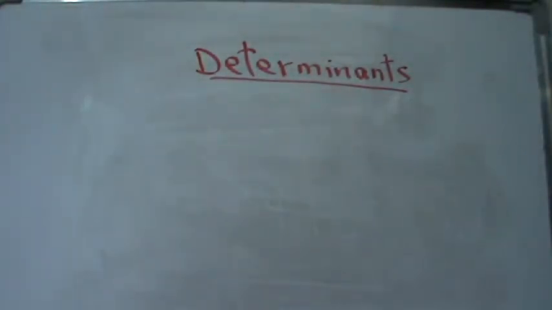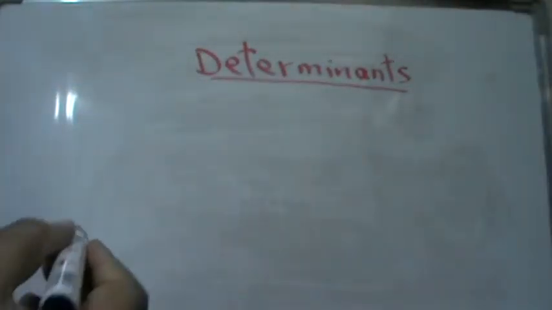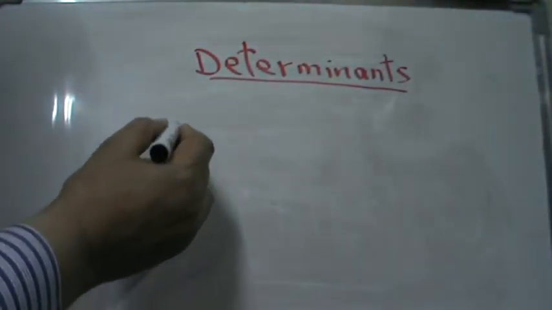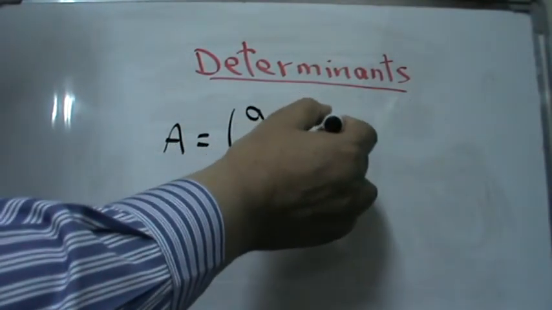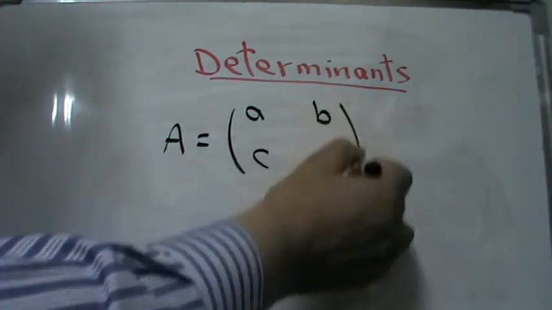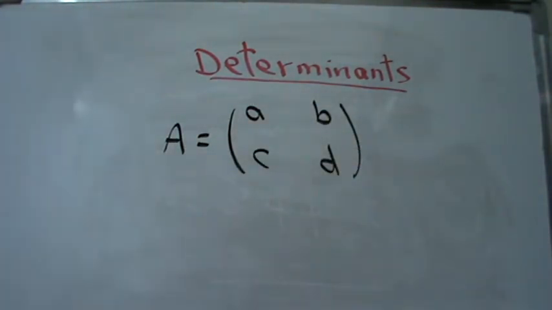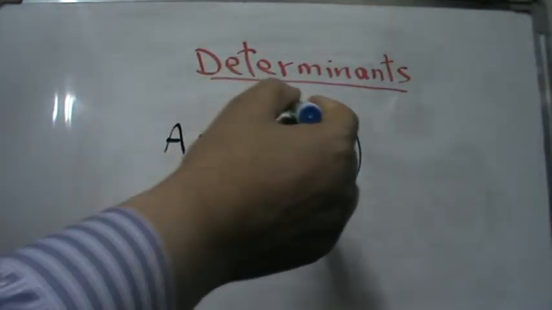We will talk about the determinants. But before talking about the determinants, you must remember the meaning of a matrix. As we studied before, if you have matrix A, which is equal to the elements A, B, C, and D, this matrix has two rows.